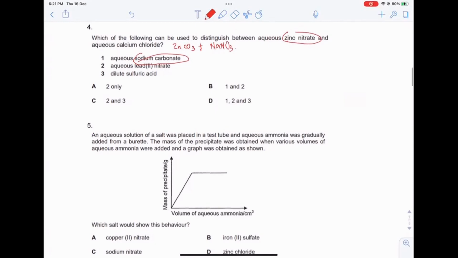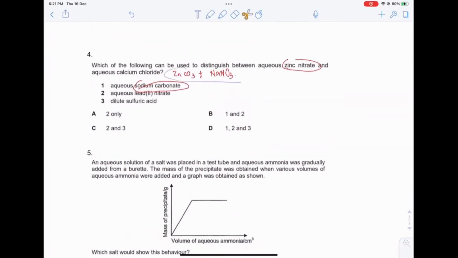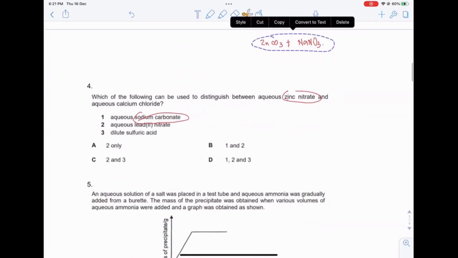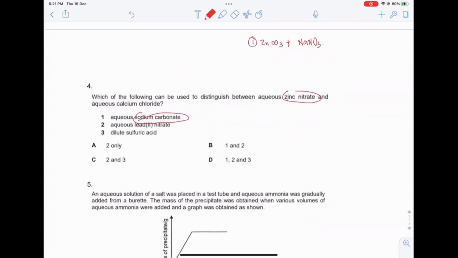Okay, and then when I have calcium chloride, I will swap partners and I'll get calcium carbonate plus sodium chloride. Usually, I don't care about the ones containing sodium because they are always soluble. All sodium salts are soluble. So they will not help us to distinguish.